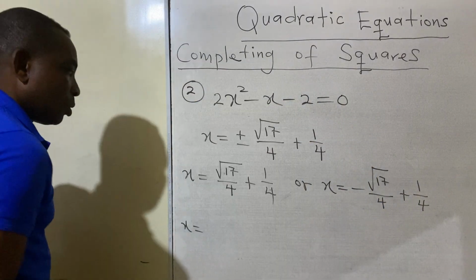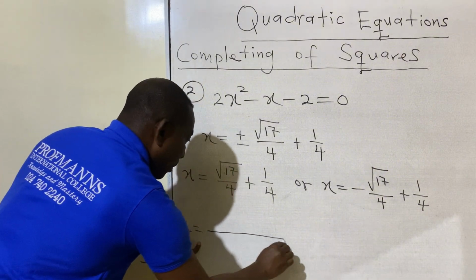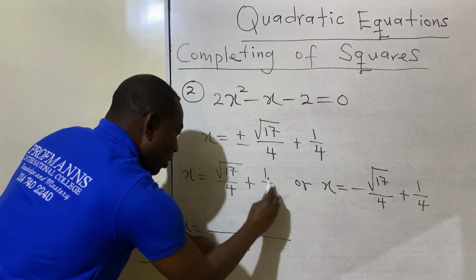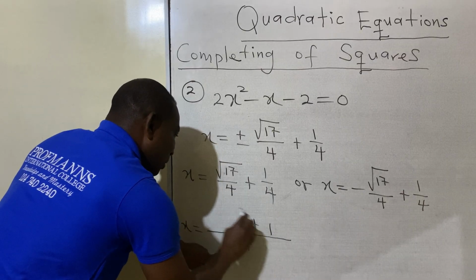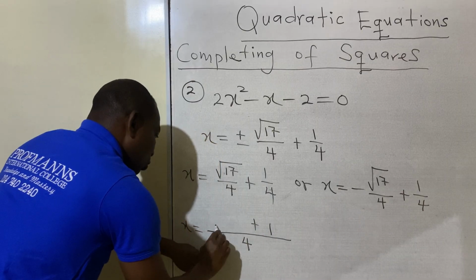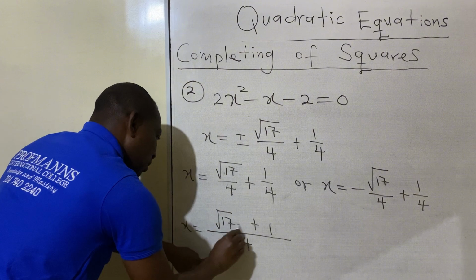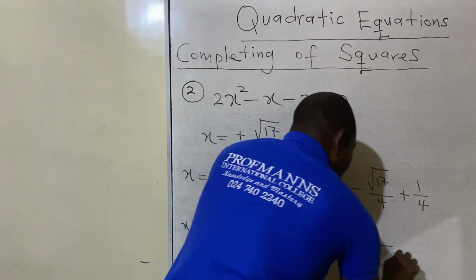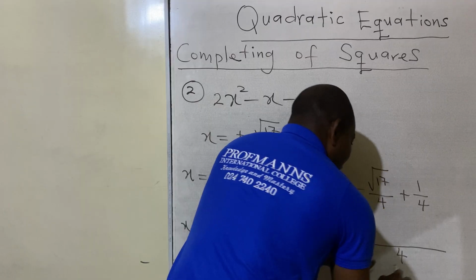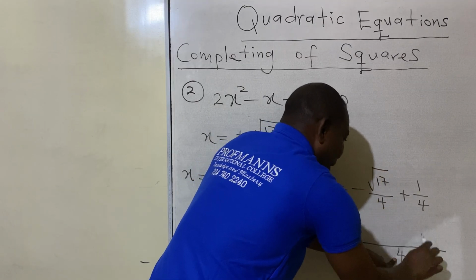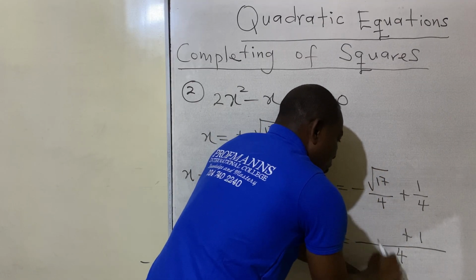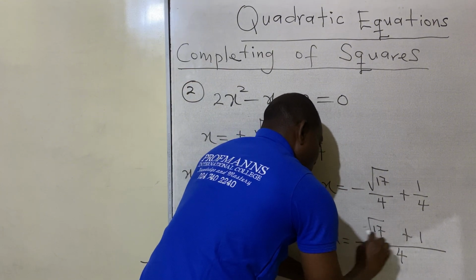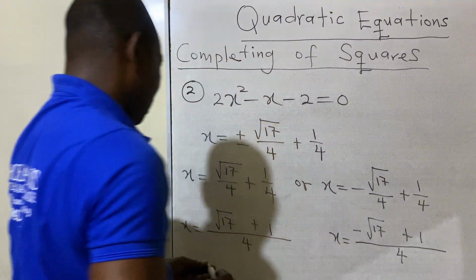X is equal to, here we find the LCM of the denominators, which is 4. 4 goes into 4, 1 times 1, 1, plus 4 goes into 4, 1 times root of 17, root of 17. So here we have x is equal to LCM of the denominators. This goes into this 1 times 1, 1. This goes into this 1 times, so it's minus root 17.